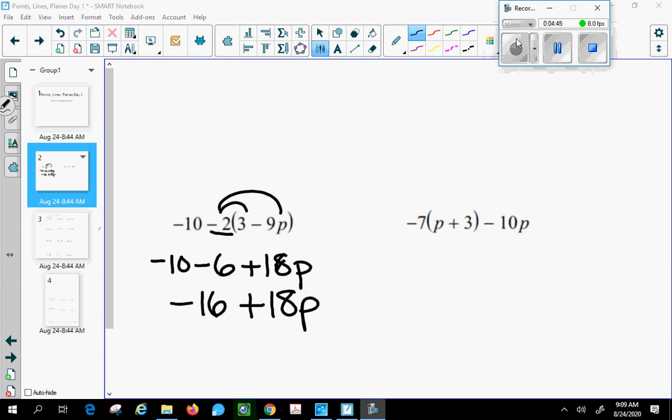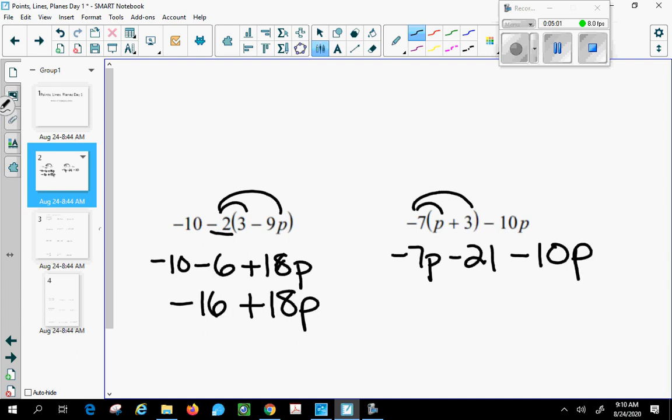So in this problem, we're going to have to distribute a negative 7, negative 7 times p, negative 7 times 3. And now you can see that we have two terms that need to be combined that have the variable. These are like terms.